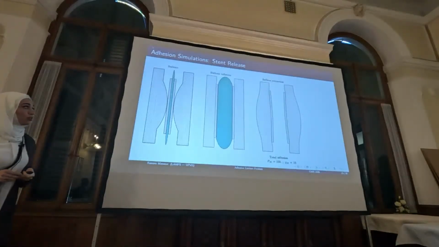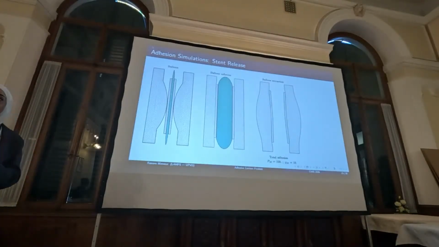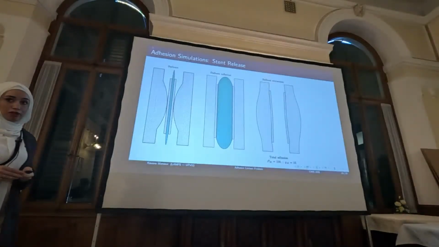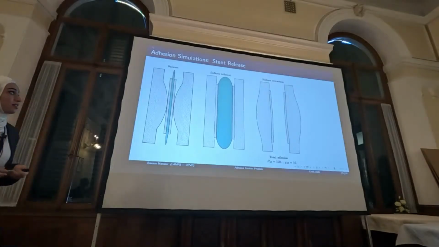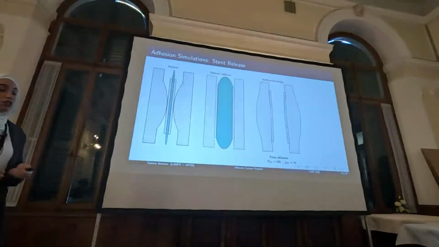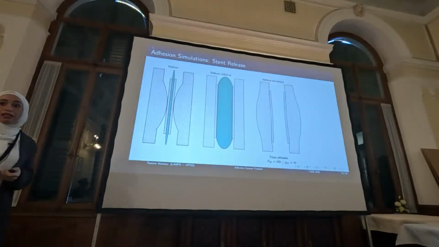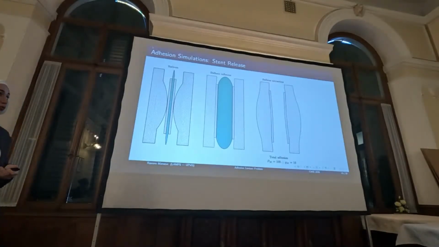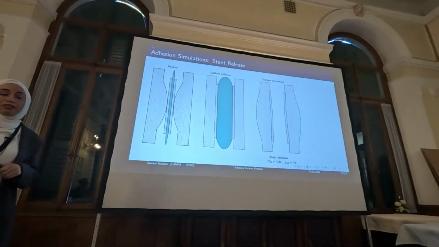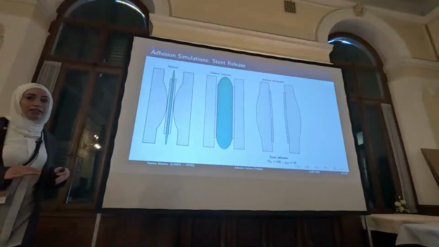Now we want to examine the stent's final configuration after deployment under full adhesion, with a high adhesion parameter, PM equal 100, GM equal 10. In this scenario, the stent is fully attached to the arterial wall. So the simulation highlights the capability of our model to reproduce a stable interaction and a stable adhesion under full dynamic condition.